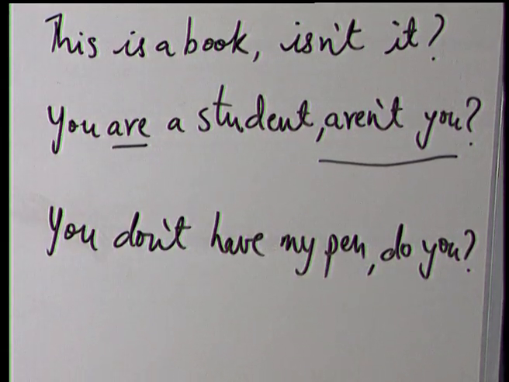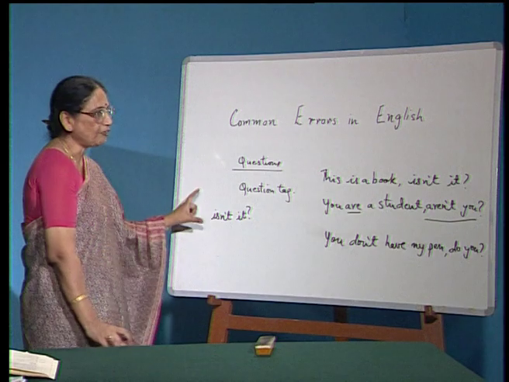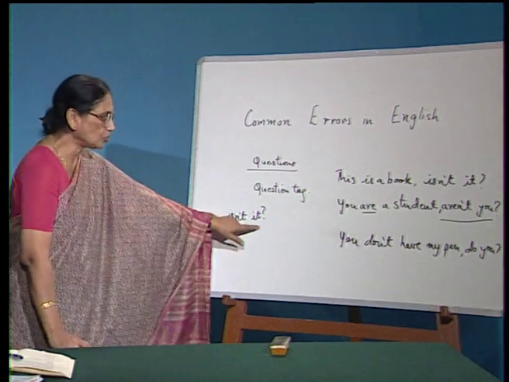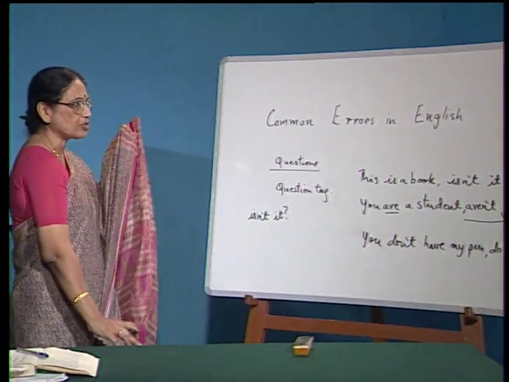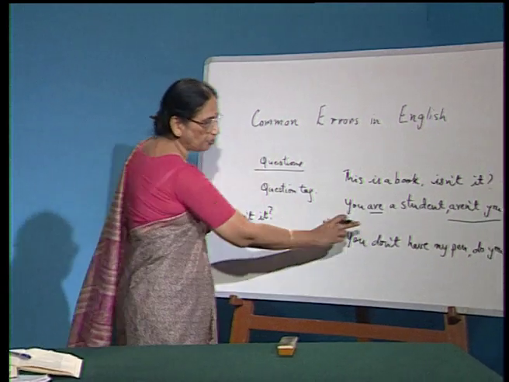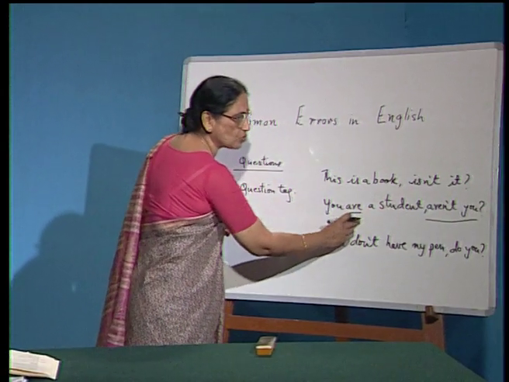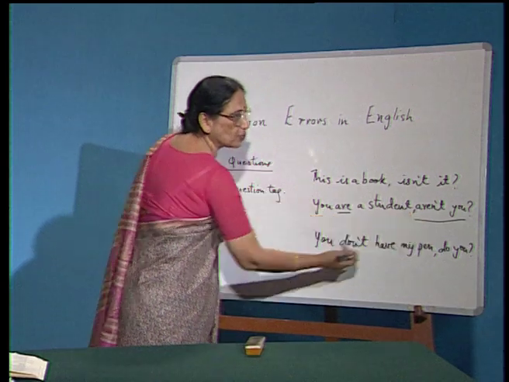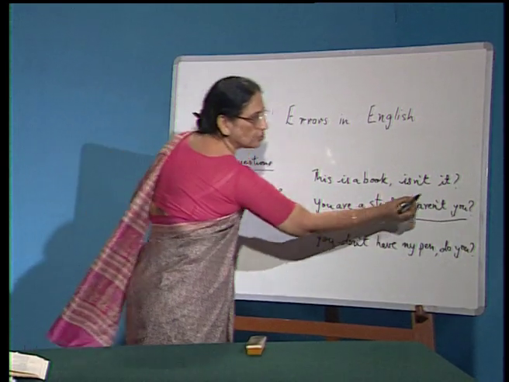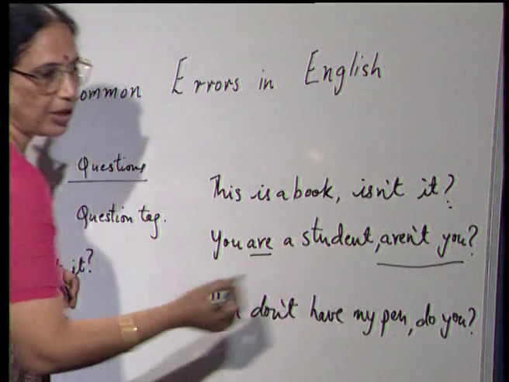This is called the usage of the question tag, and we have to be very careful not to uniformly use isn't it, because we must look at the sentence proper, see which verb has been used there and then use it to form the question tag, and not forget to put in the question mark at the end of the sentence.